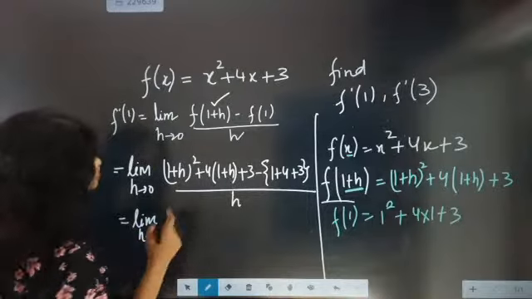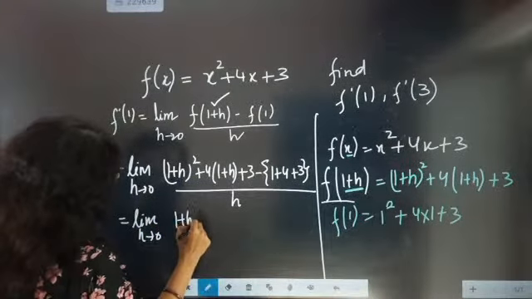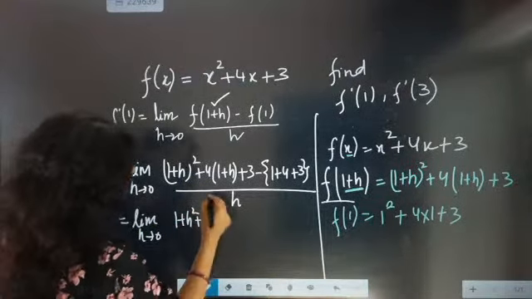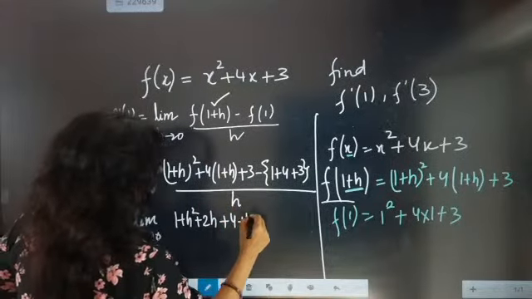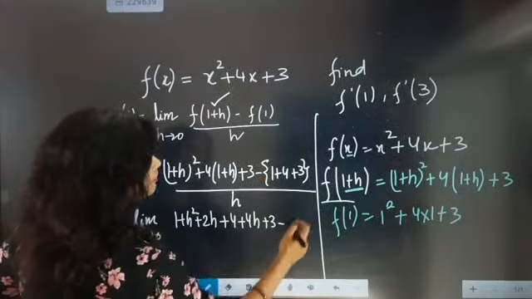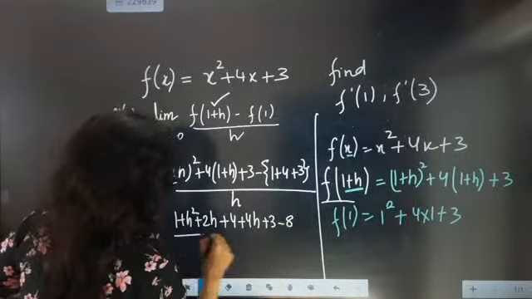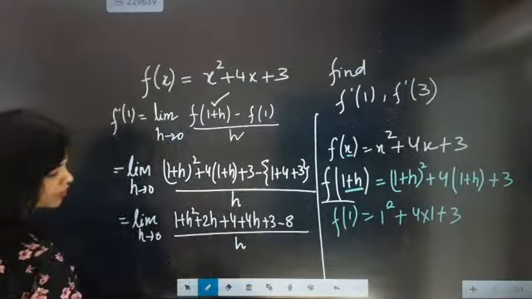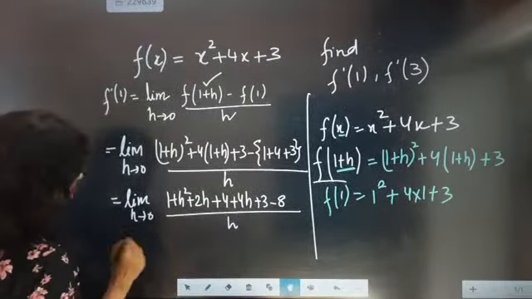Now limit h tends to 0, this will become 1 plus h square plus 2h plus 4 plus 4h plus 3 minus 8 by h. Now just count and check whether anything gets cancelled.